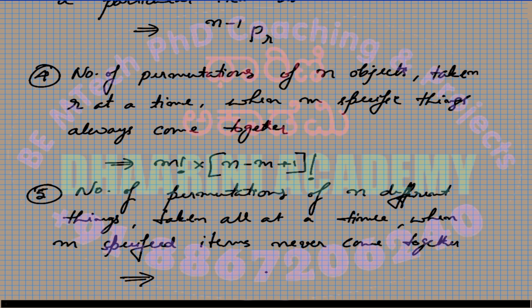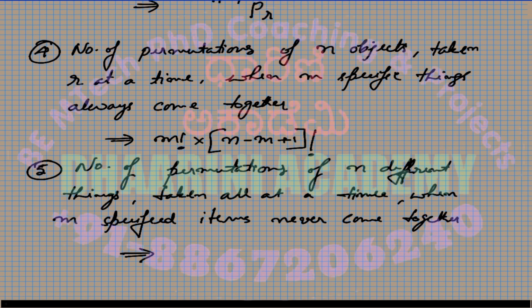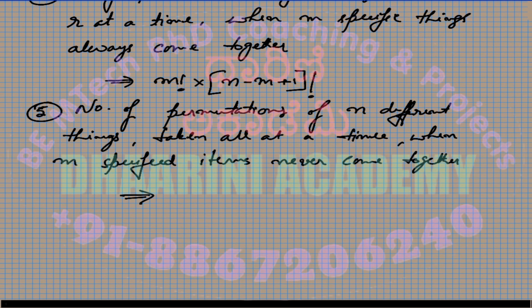If you want to calculate that particular permutation, then the answer will be given by n factorial minus m factorial into (n minus m plus 1) factorial. Okay, that is the answer.